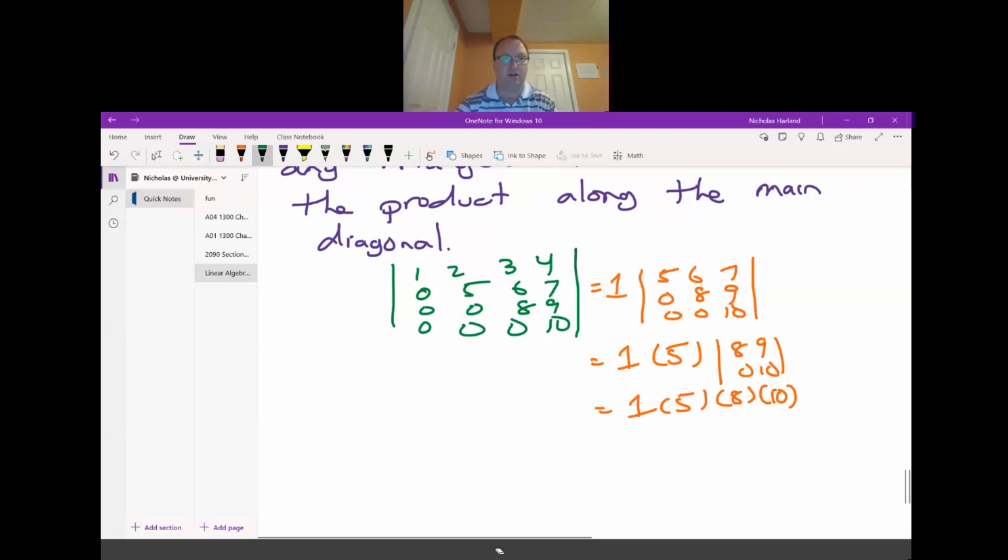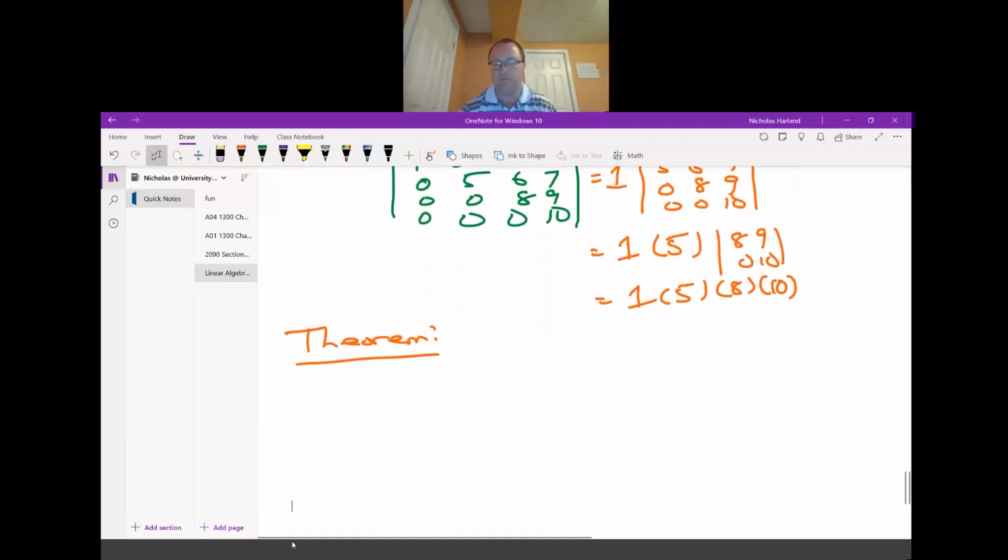All right, so we're going to have 3 main rules. We'll call this a theorem. Our 3 main rules correspond to our 3 main row operations.